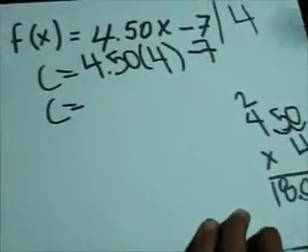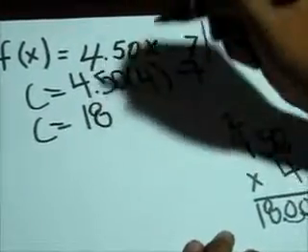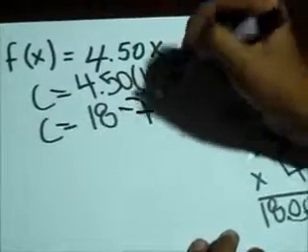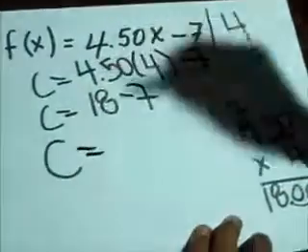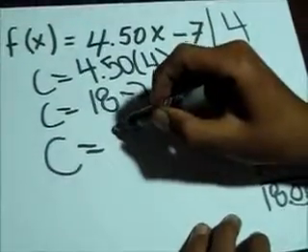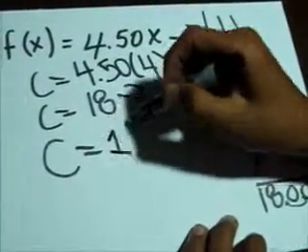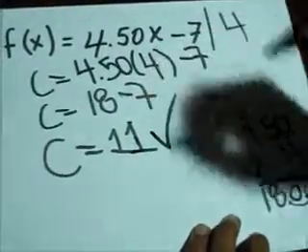So the cost is 18 minus 7, both are dollars, so the cost of the 4 containers of orange juice will be $11 using the gift card.